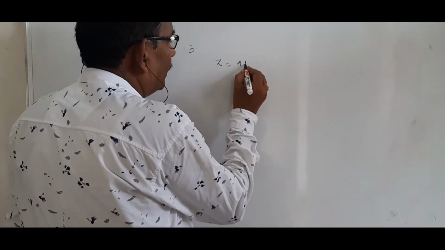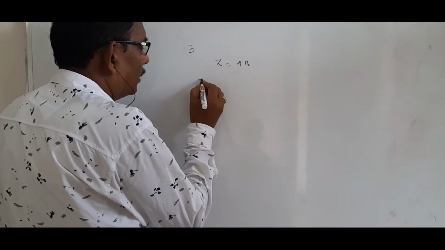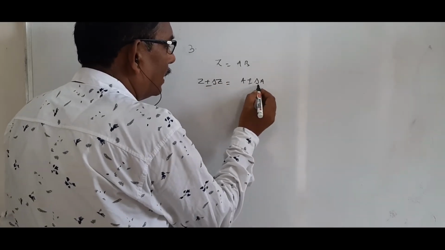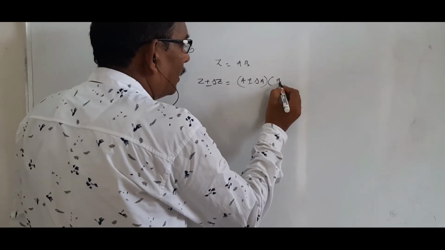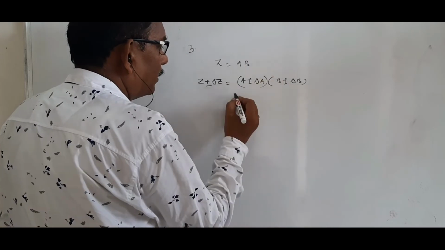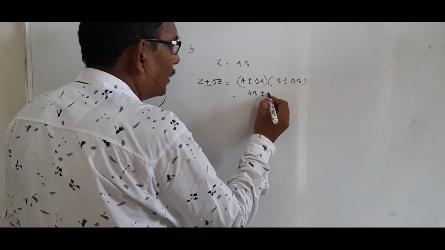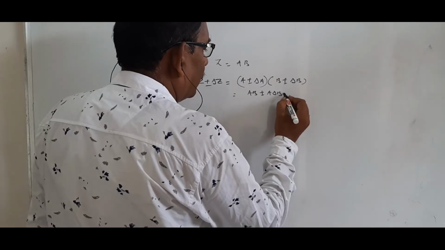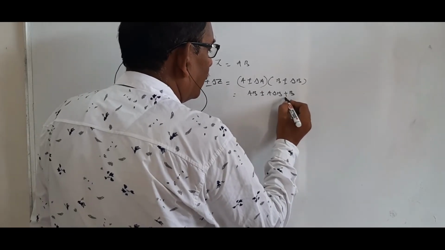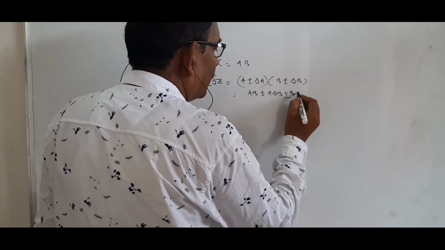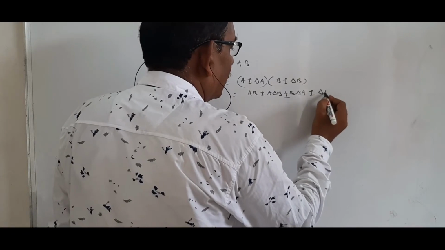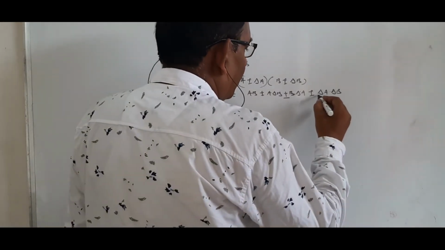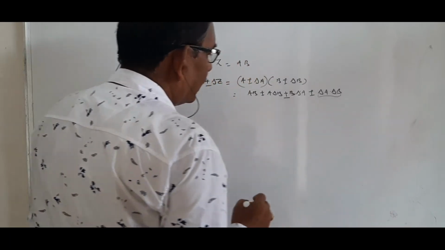Z is equal to AB, or Z plus minus delta Z. The value becomes A plus minus delta A, delta A being the absolute error of A, times B plus minus delta B, the absolute error of B. That gives AB plus minus A delta B, plus minus B delta A, and plus minus delta A into delta B. Due to the small values of delta A and delta B, this last term is neglected.